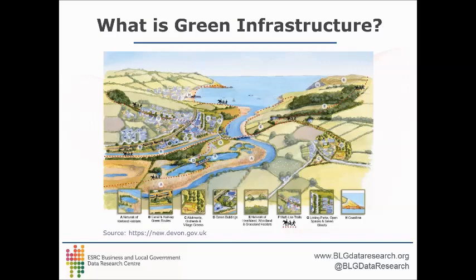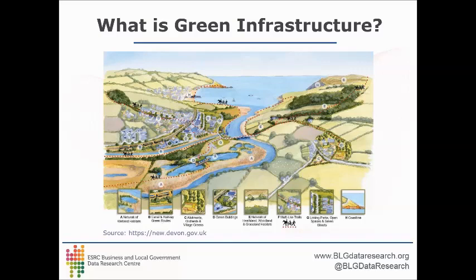Green infrastructure is essentially an example of what you would now refer to as natural capital. It's a natural asset that supports a range of ecosystem services that provide benefits to people.